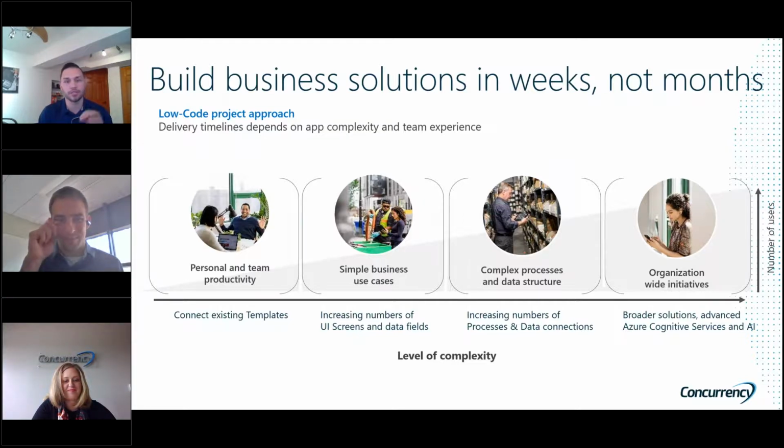There's personal and team productivity, there's simple business use cases, complex processes and data structure, and then at the end there's the organization-wide initiatives. These are 4 different modules, and when it comes down to it, 4 different groups of people that are looking to digitize a process, right?